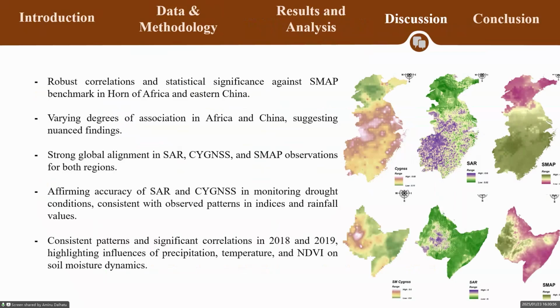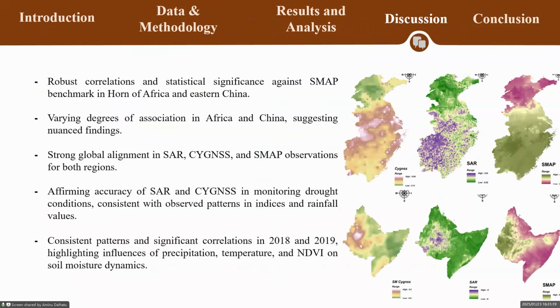This affirmed the accuracy of both SAR and SiteGNSS in monitoring drought conditions, which means that we can use these techniques to develop and suggest some strategies in the future for monitoring these extreme climate conditions.